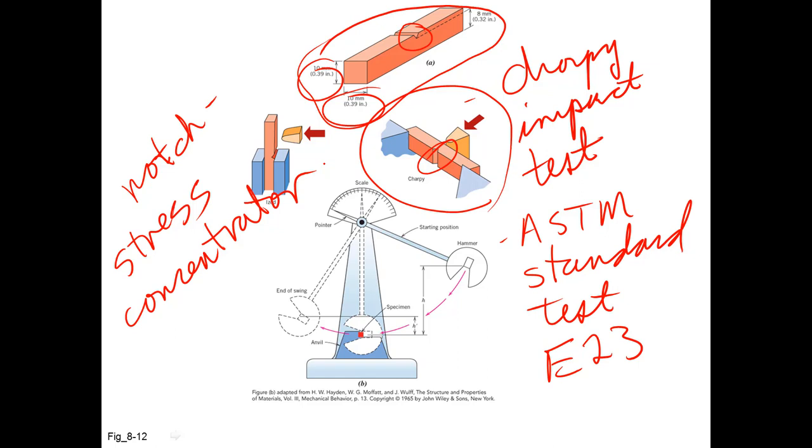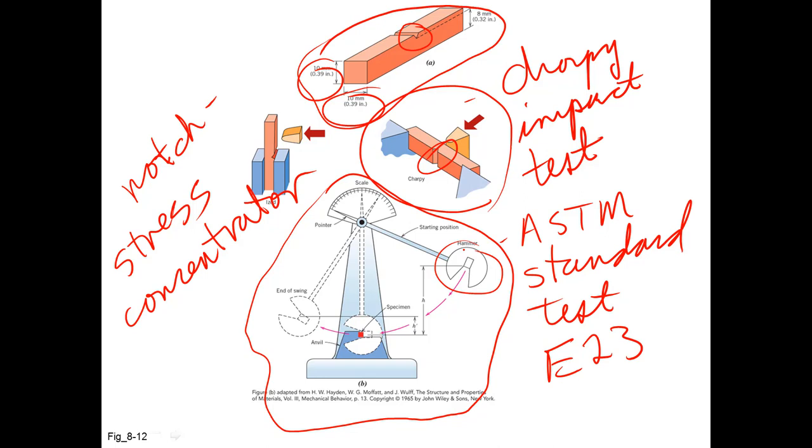There is a large testing apparatus shown here in figure 8.12, that includes a hammer that starts at a known height h.